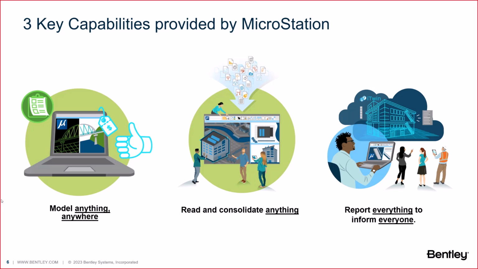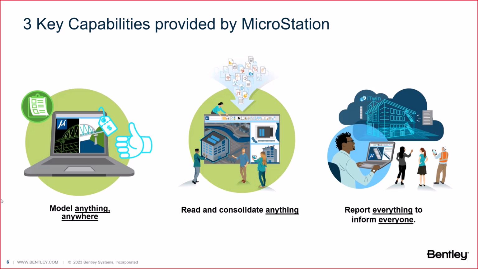The second key capability is the ability to read and consolidate anything. MicroStation reads a lot of different file formats in native format, more than 7 times any other application you can find. But we are also consolidating the data to produce the final project deliverable, right? And finally, the last capability is to report everything to inform everyone.